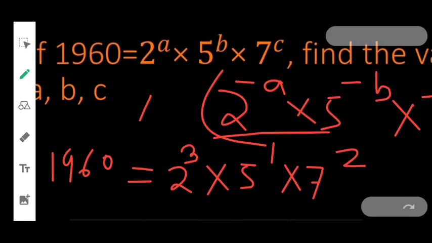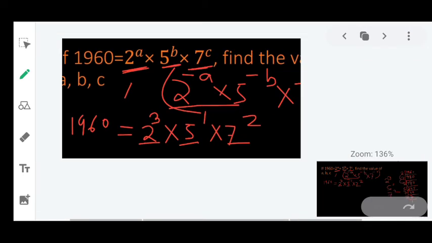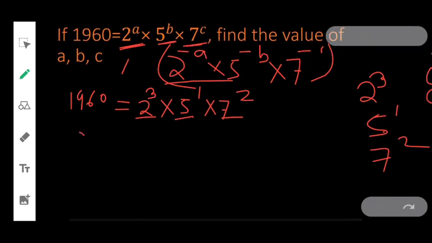And 2 to the power a is 2 to the power 3, so a is 3; 5 to the power b is 5 to the power 1, so b is 1; and 7 to the power c is 7 to the power 2, so c is 2. So a equals 3, b equals 1, and c equals 2.